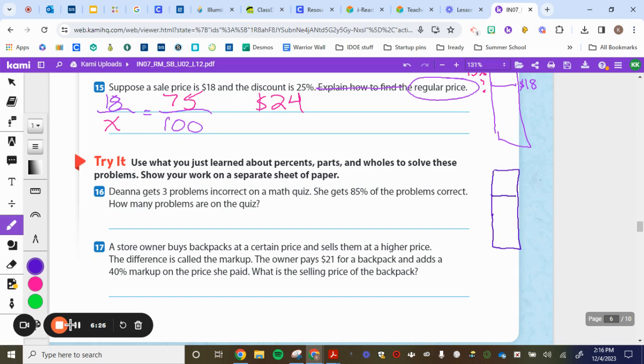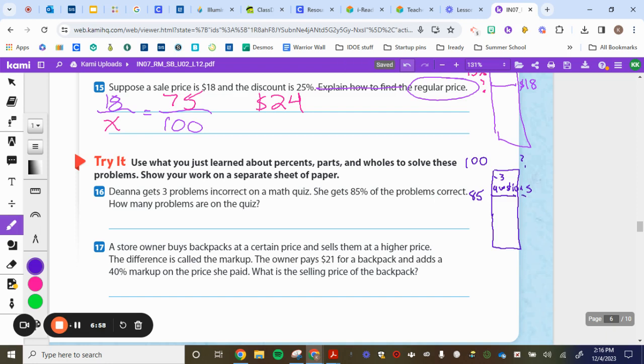So I know that 100% would be what she would get if she got them all right. Let me put 100% on the other side because that's where we have been putting our percents. And 85% is the grade that she got. Now I know that she missed 3 questions. But I have no idea what this number is. I don't know how many questions there are.